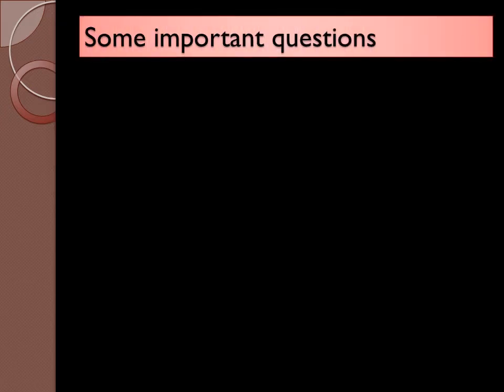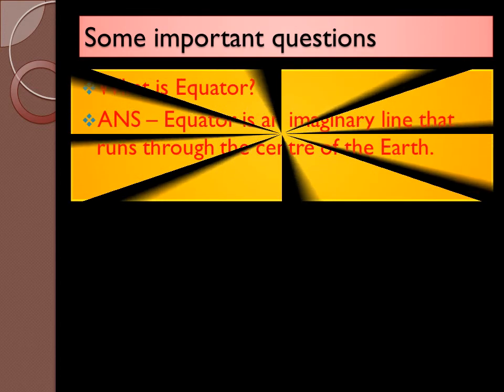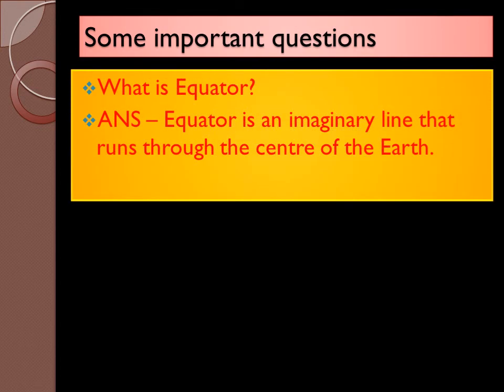Now we will discuss some of the important questions inside the text which are not there in the exercise, but we have them in the text and they are very important. The first question is, what is equator? And the answer is, equator is an imaginary line that runs through the center of the earth.